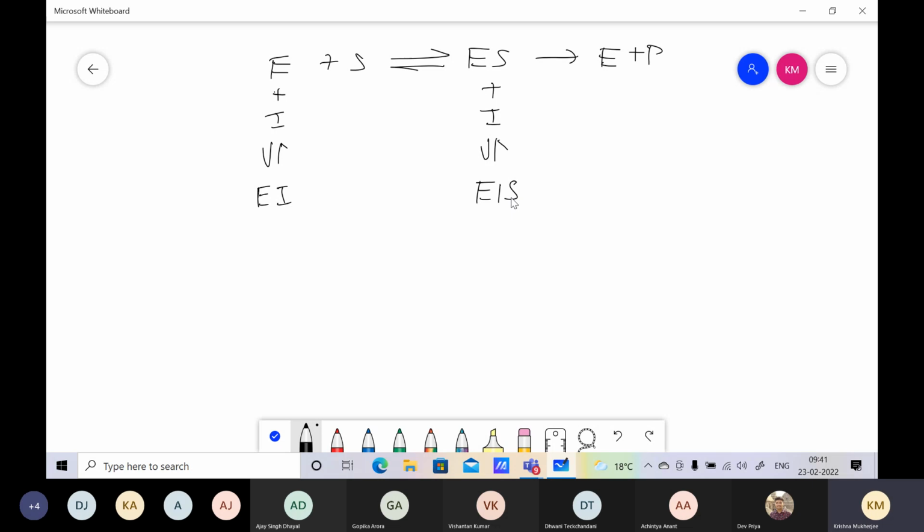If both things happen, then, and notice that if I can bind with EIS, theoretically this one is also active, right?